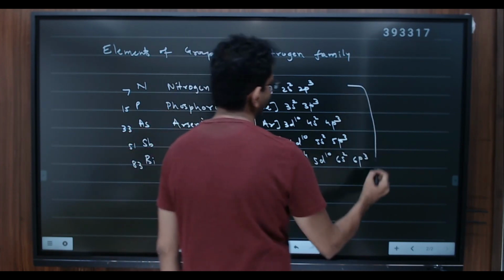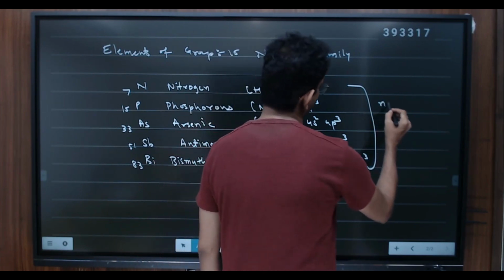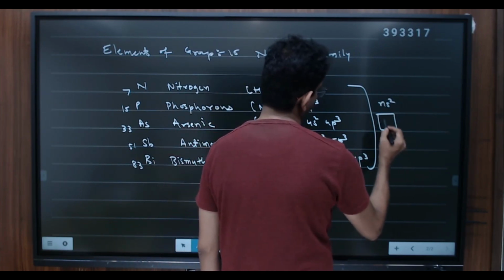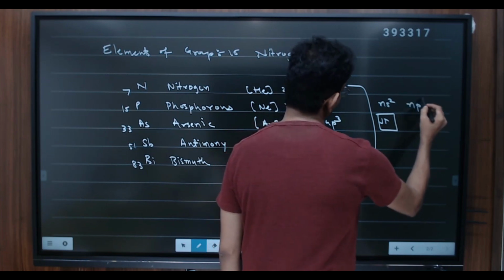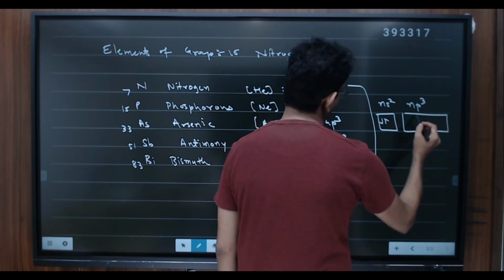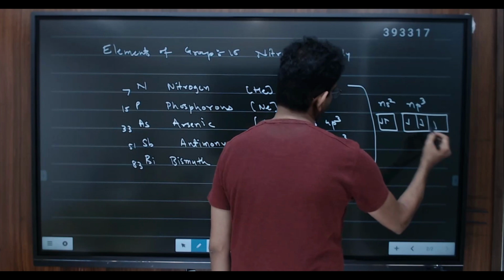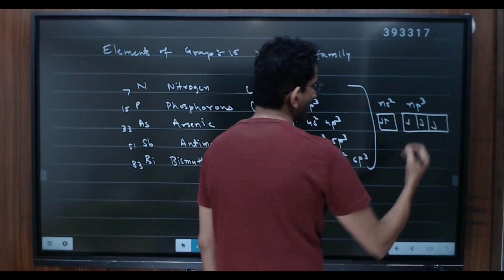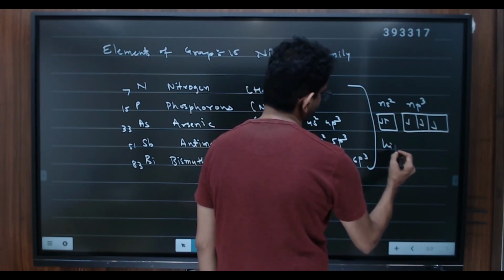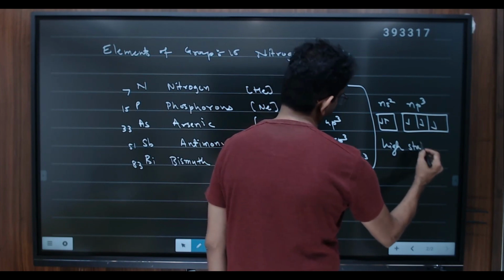You can look at the electron configuration. General electron configuration is ns2 np3, so they have completely filled s orbital and half filled p orbital, and due to that they have high stability.